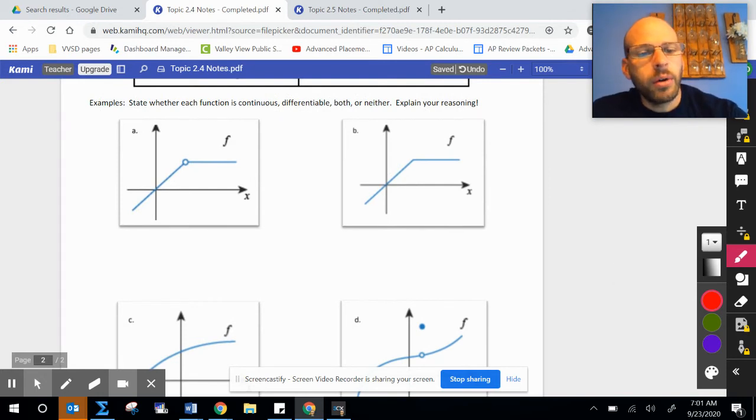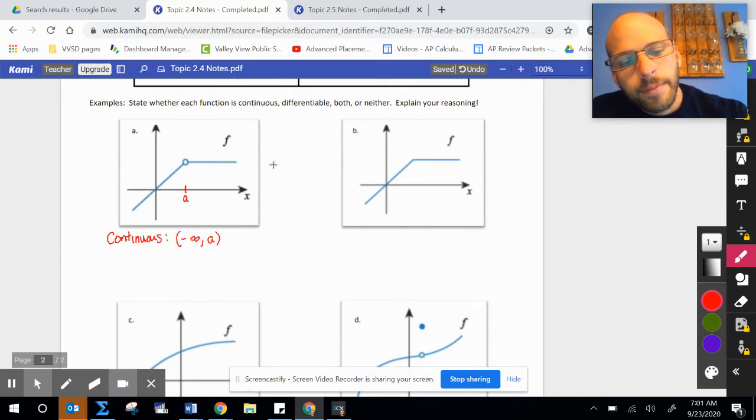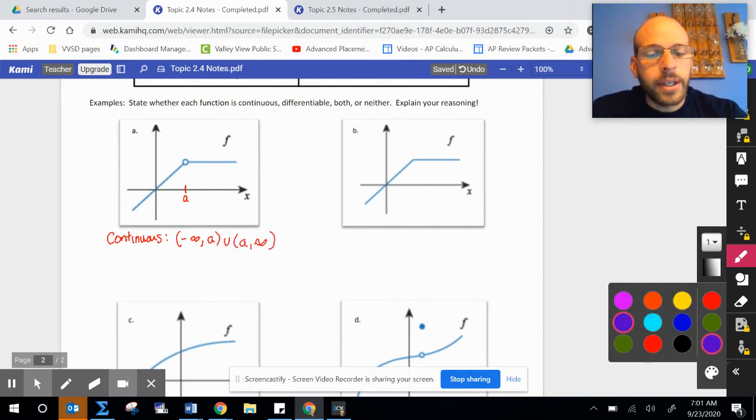Okay, so what I want you to see here, I'm going to say that this is at some x value a. This function is going to be continuous from negative infinity to a, and then a to infinity. Now because there is a discontinuity at a, it can't be differentiable there.